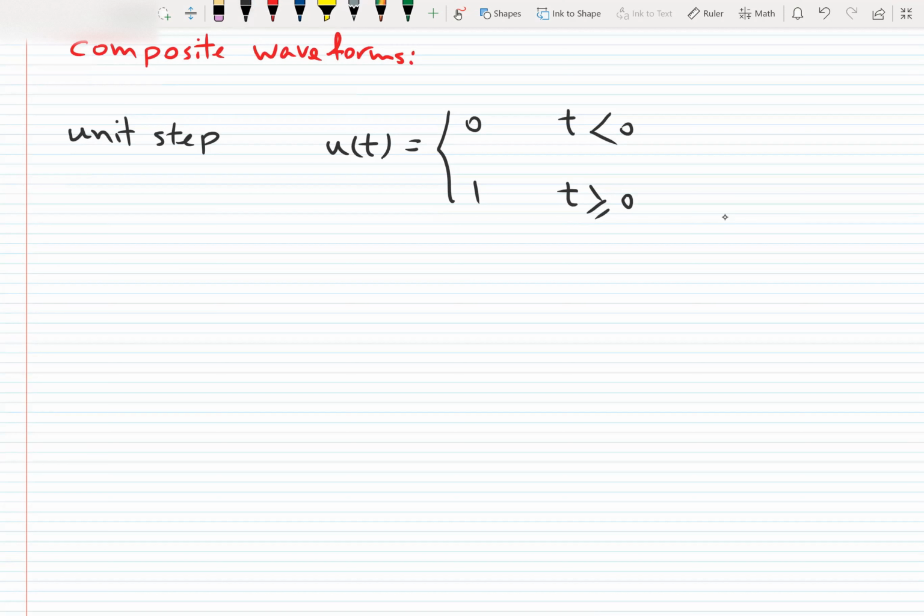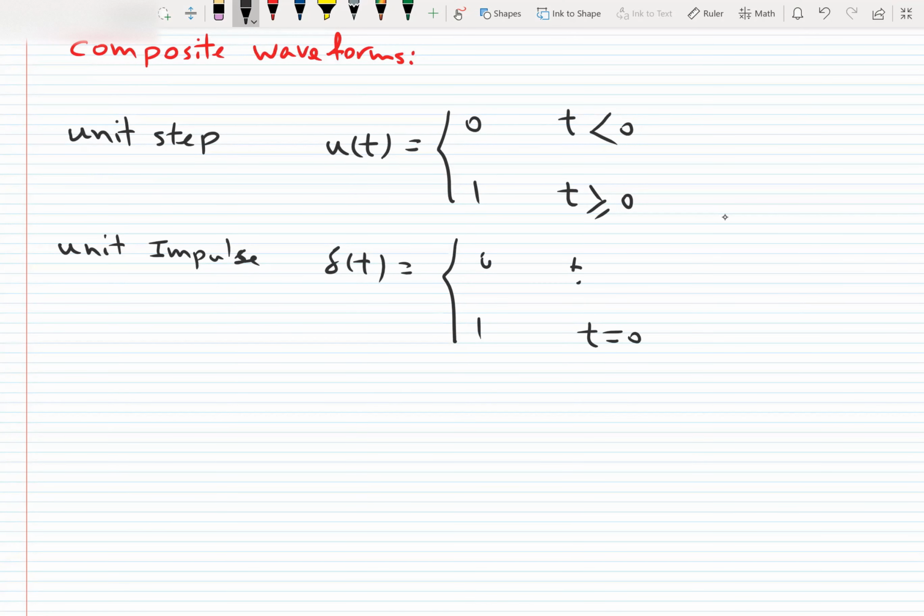The next signal is a unit impulse, delta of t, which is equal to 1 if t is equal to 0, otherwise it is equal to 0.